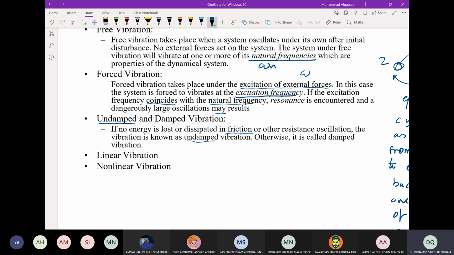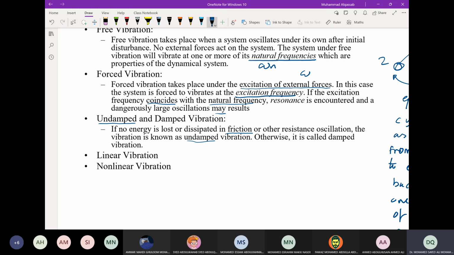Other uses of a viscous damper are in punching machines. You know, punching machines by nature are impacting on work pieces to produce holes.